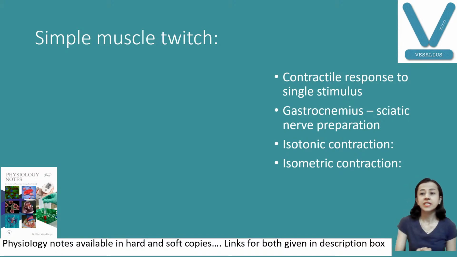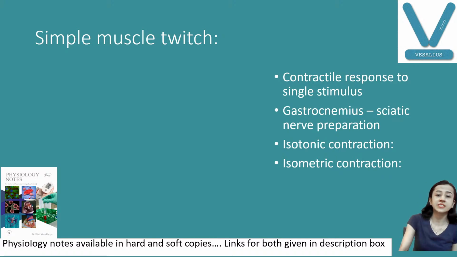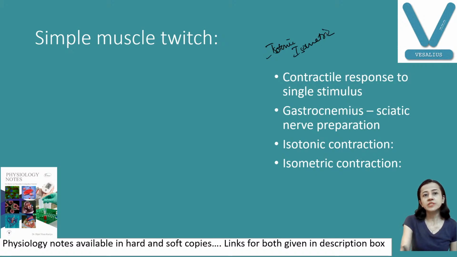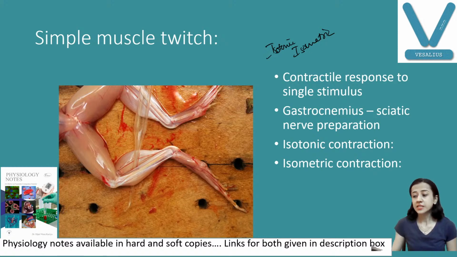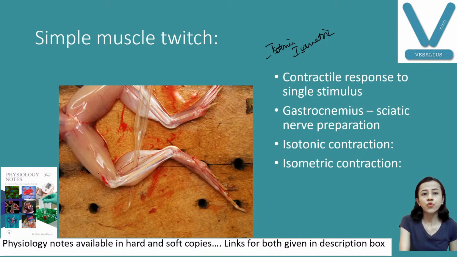As we discussed in the last class, we have discussed isotonic and isometric contraction: in isotonic the tone remains the same, and in isometric the length remains the same. Now today we discuss simple muscle contraction, or simple muscle twitch. This contractile response of the skeletal muscle is recorded, as you can see here, in the frog muscle.